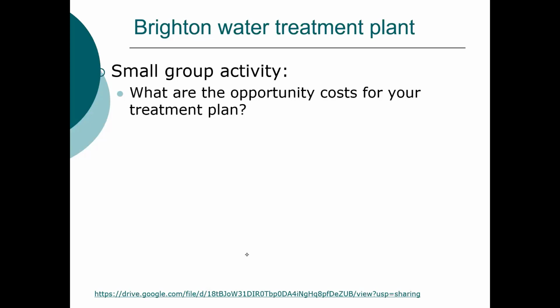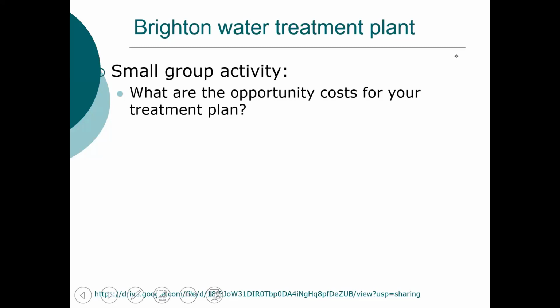Assume that Brighton is not treating or distributing water. Some of you figured that they were, and they are, but assume that they're not. What would be the opportunity costs for creating a community water supply?